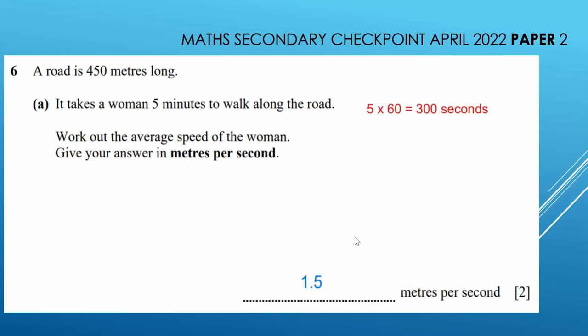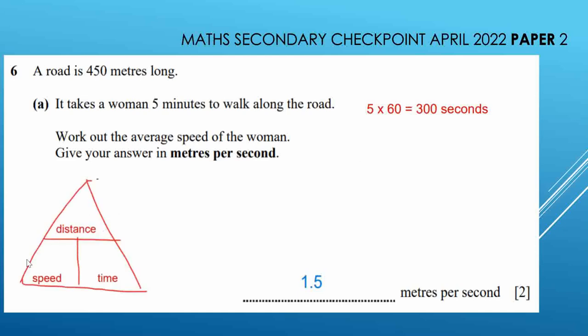Here is the explanation. The woman takes 5 minutes, but the answer required is in seconds, so we have to convert 5 minutes to seconds. That is 5 times 60 equals 300 seconds. Next, we have the formula, which is distance equals speed times time. At the top of the triangle is distance. This is an easy way to remember the formula.